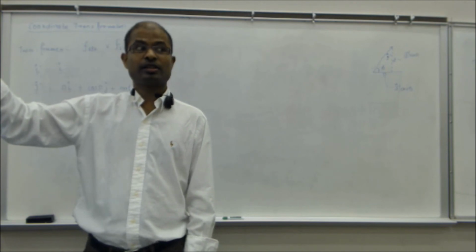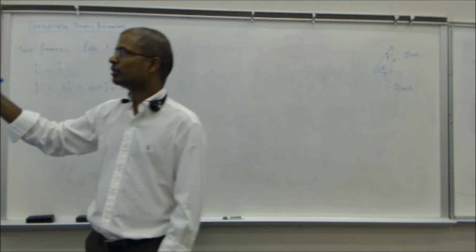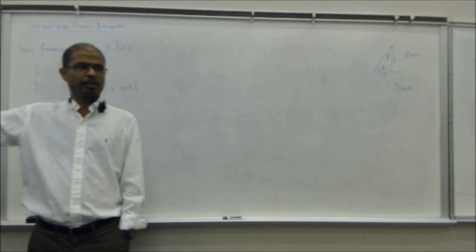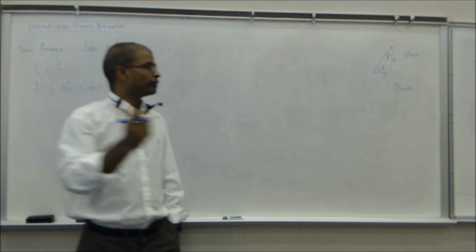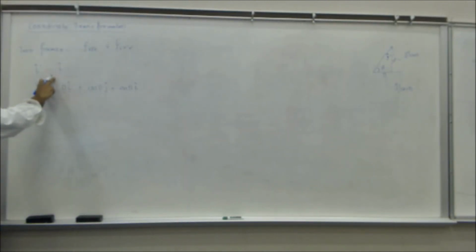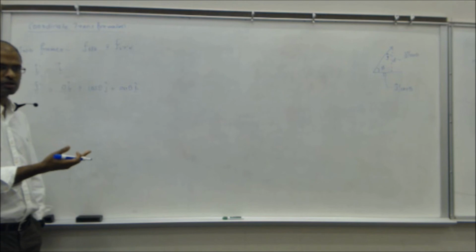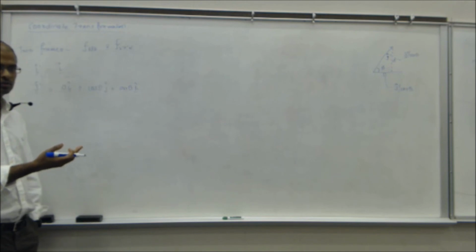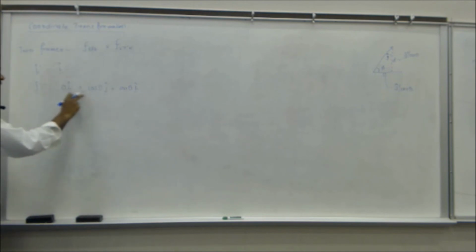The hat symbol says it's a unit vector, right? The vector is because here it is bold-faced. So if we were using j prime, we would use something like an underline. So if you take the magnitude of any one of these, i prime or j prime, it's going to be equal to 1, right? So that is the reason how you get i, j, k.